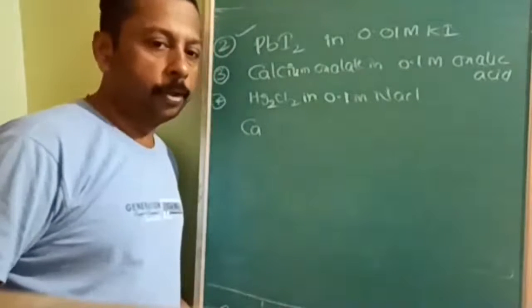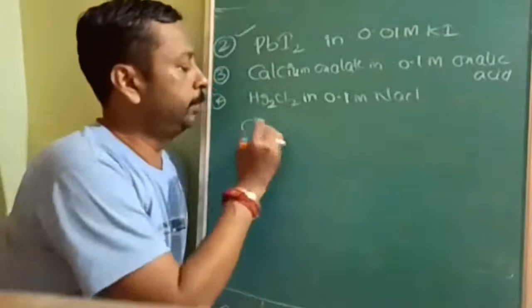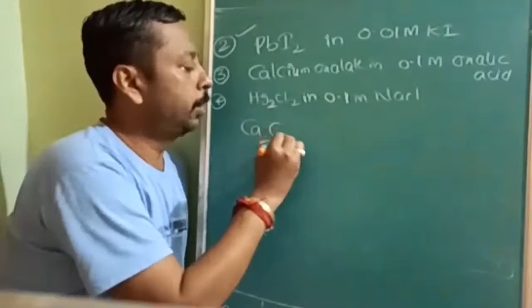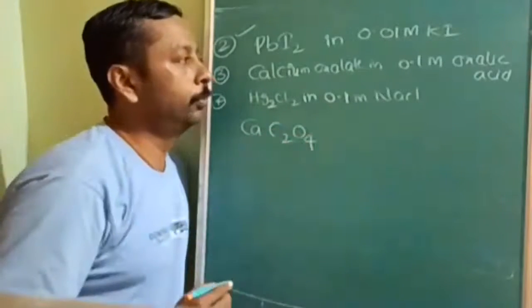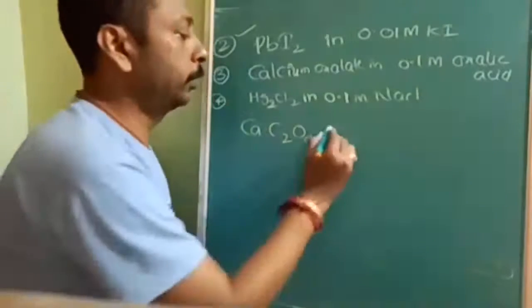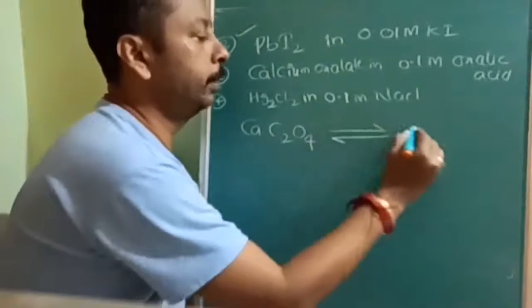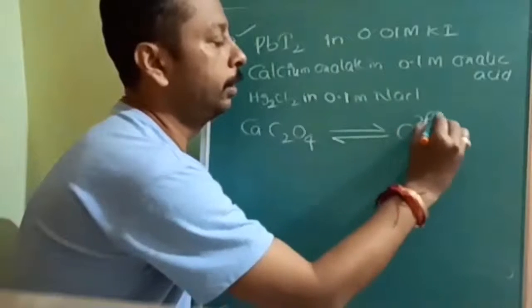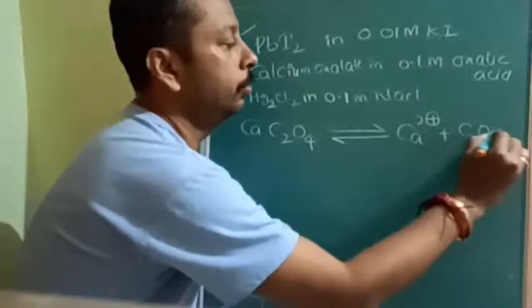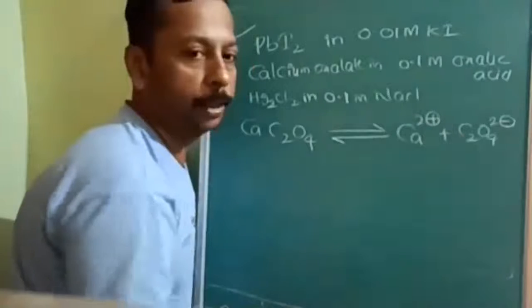Calcium oxalate. Calcium oxalate means calcium will be Ca, and the oxalate ion will be C2O4. Calcium oxalate is reversible and it will give Ca2+ and C2O4 2 minus, which will be a complex ion.